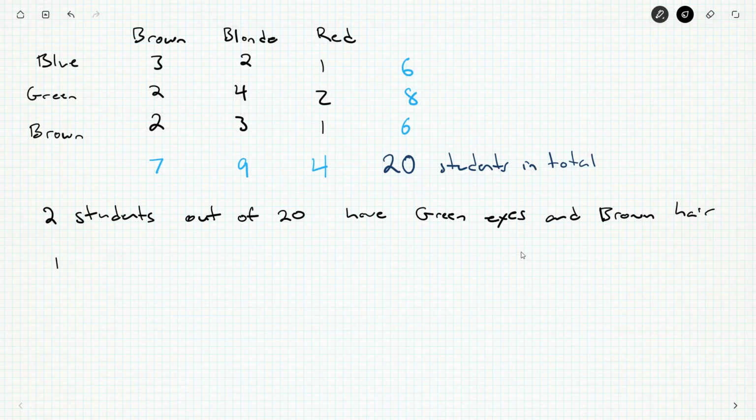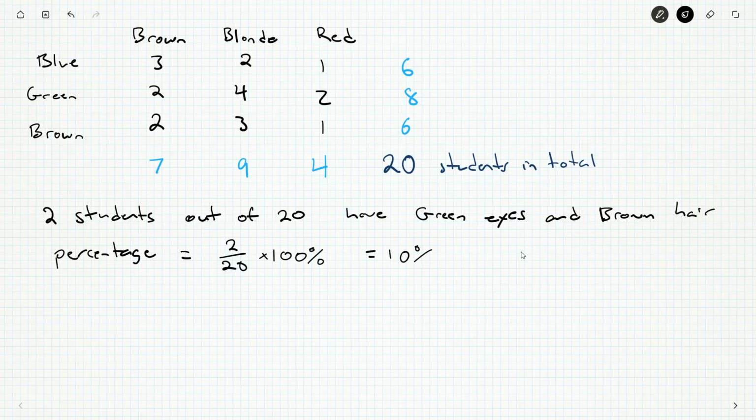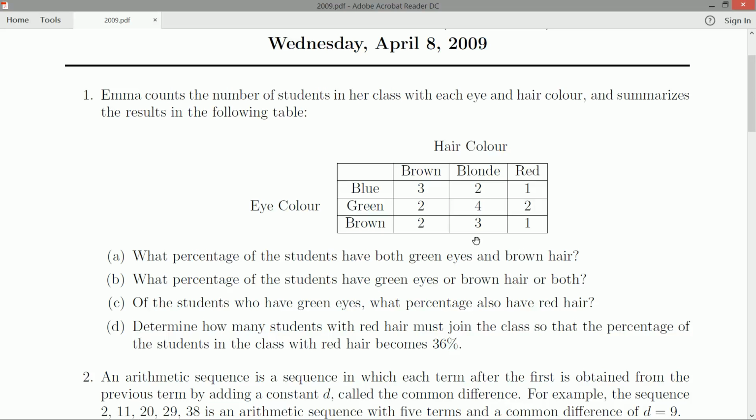As a percentage, we write 2 divided by 20, and then we bring in the percent, so we multiply by 100%. Now 2 over 20 is 1 over 10. 100 times 1 over 10 is just 100 over 10. This is going to be 10%. So 10% of the students have green eyes and brown hair. That does away with part A.